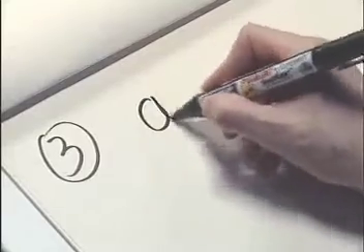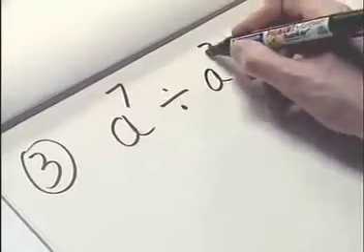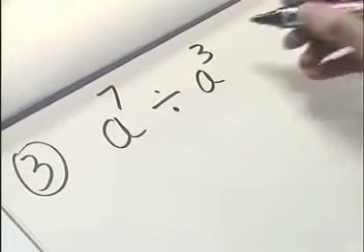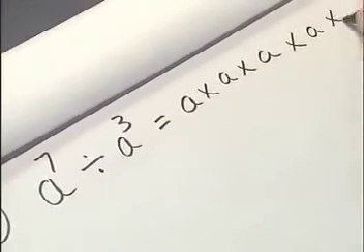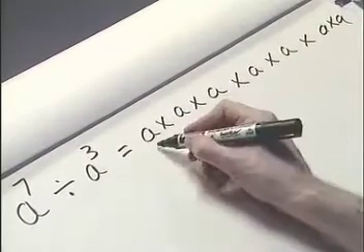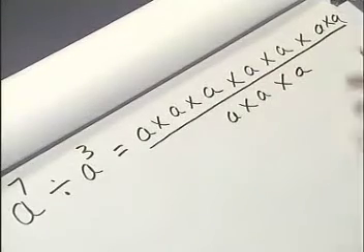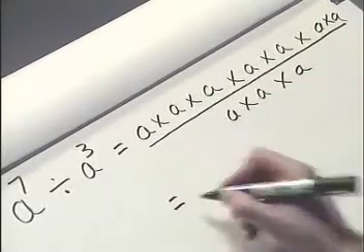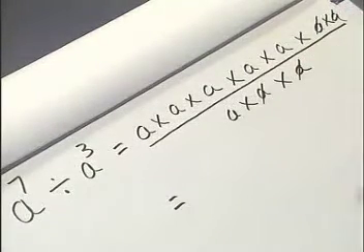Let's now have a look at our third rule. For this, let's take a to the 7th and let's divide it by a to the power 3, or a cubed. Well, a to the 7th means a multiplied by itself 7 times. Divided by, so let's divide it by a multiplied by itself 3 times. And now we can begin to cancel some common factors. So there's a common factor of a. And again, there's another common factor of a.